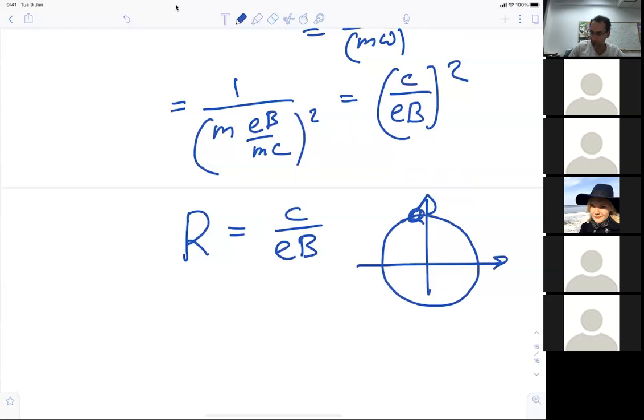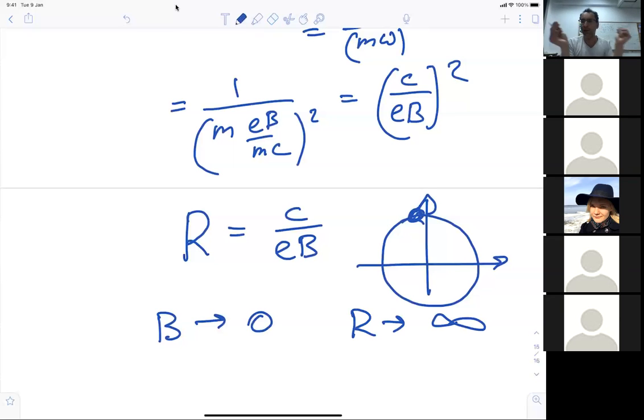So what the electron, or the particle, does is rotate around its equilibrium position on a radius with this length. And if the magnetic field goes to 0, then this radius diverges and we go back to the solution, which is a straight line.